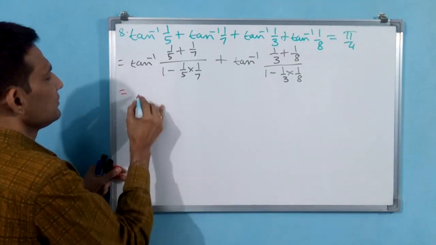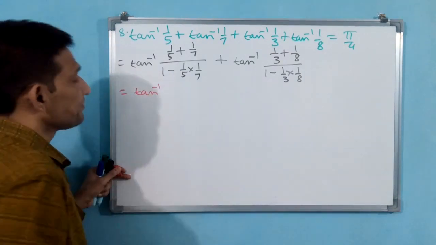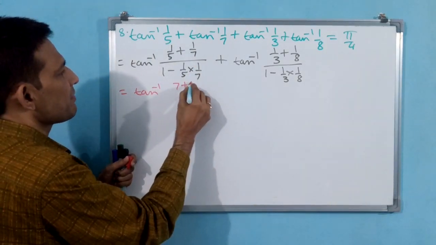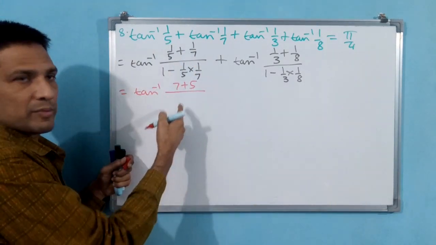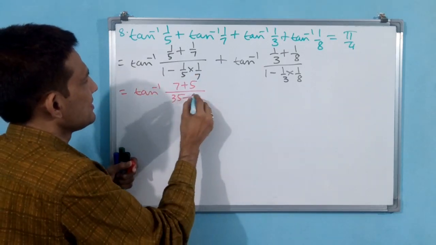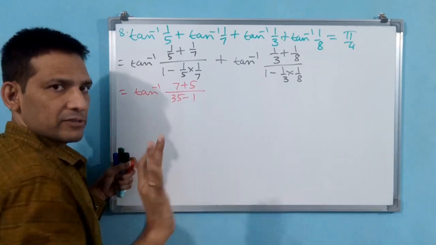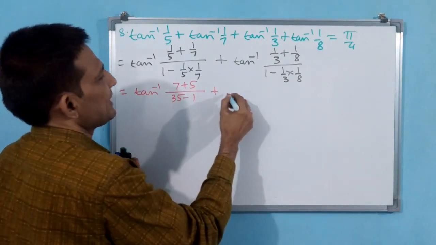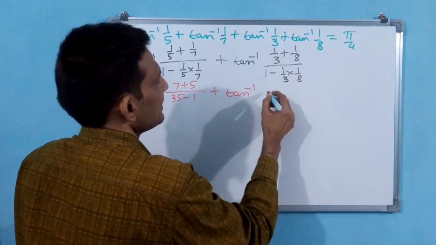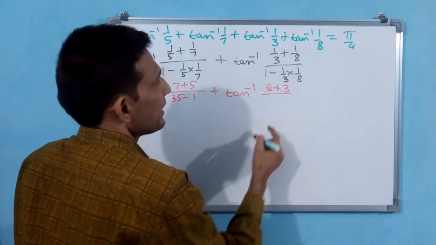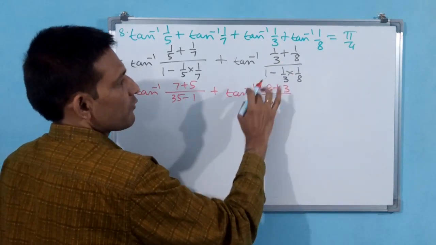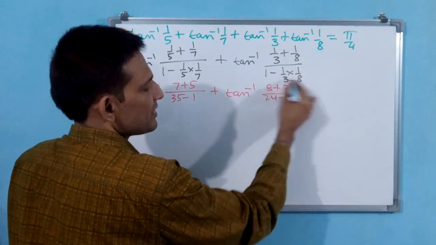That is equal to tan inverse of 7 plus 5 by 35. But you write 7 plus 5 only. Don't write 35, because 35 is going to get cancelled. 35 minus 1, divided by 35 also we are not writing. Plus tan inverse 8 plus 3 by 24, we are not writing 24 minus 1 divided by 24 also.